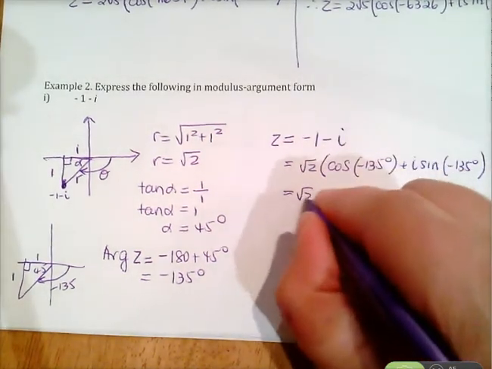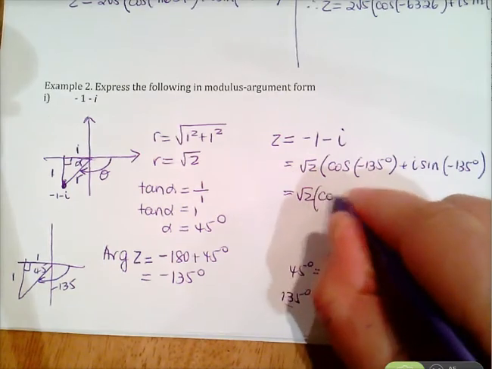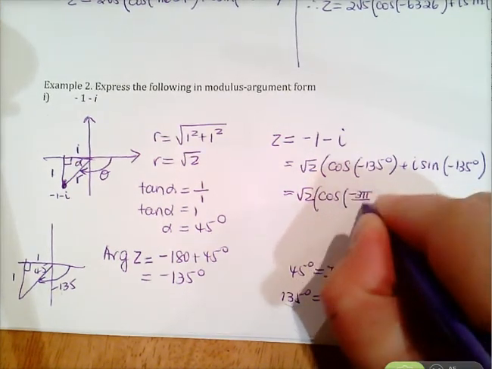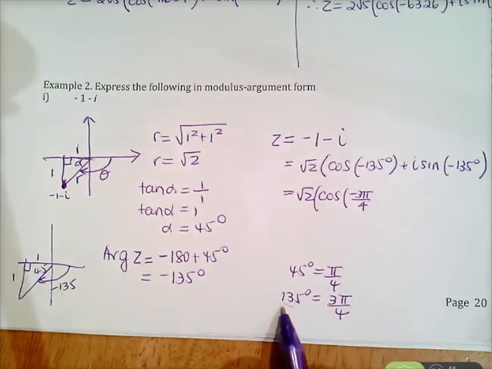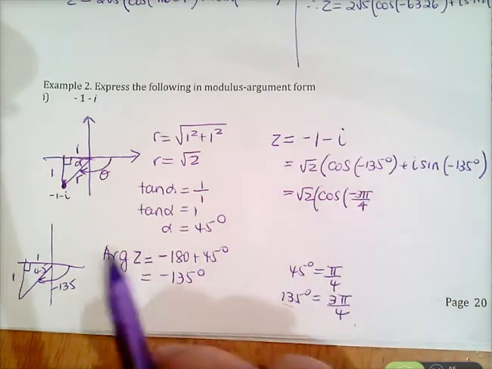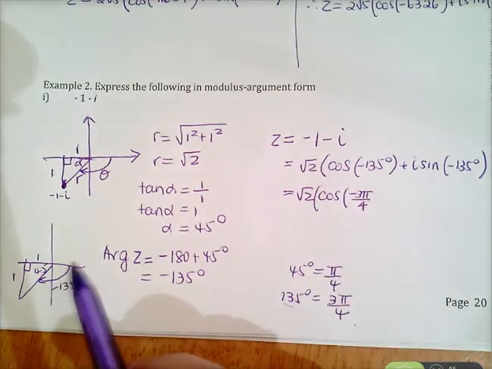So I can also write this as root 2 cos negative 3 pi on 4, because negative 135 degrees is negative 3 pi on 4. So this angle is negative 3/4 pi.